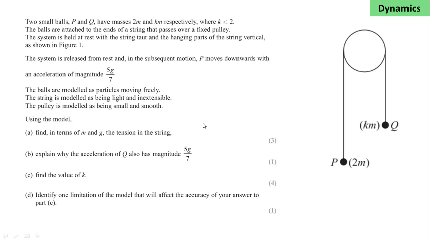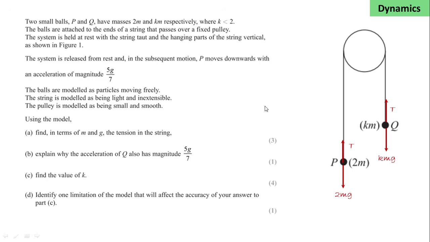We've got two small balls P and Q with masses 2m and km, where k is less than 2. So add their weights onto the diagram. As k is less than 2, P will fall and Q will rise. They're attached to the ends of a string passing over a fixed pulley, which later on we're told is small and smooth.